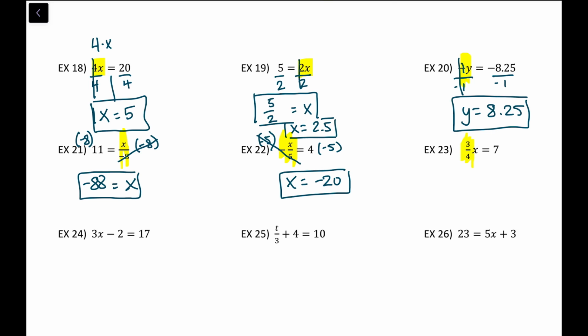So that means it's 3/4 times x. So the opposite of timesing by 3/4 is dividing by 3/4 on both sides. Now that looks really horrible, so we can go to the calculator to do that math. Let's actually go to the calculator together here.